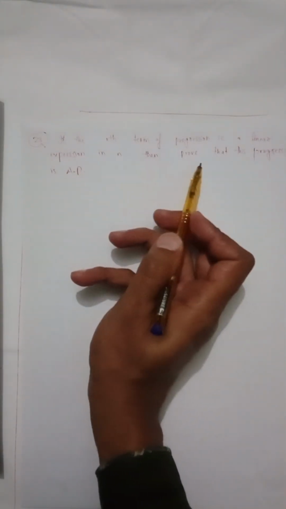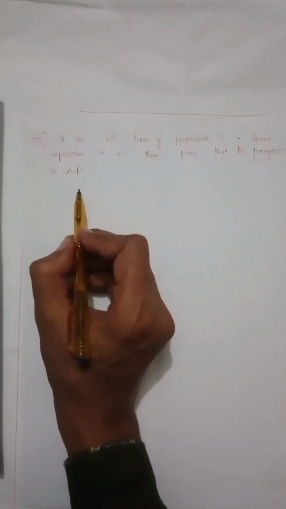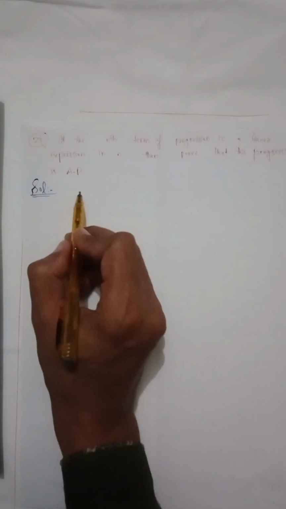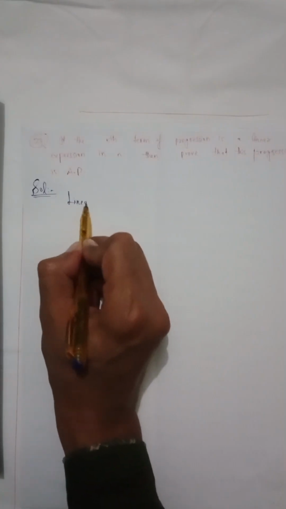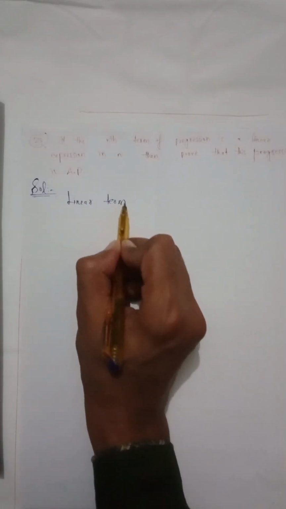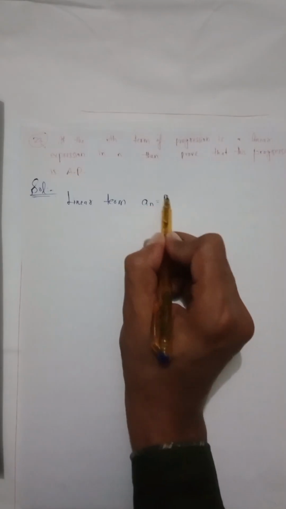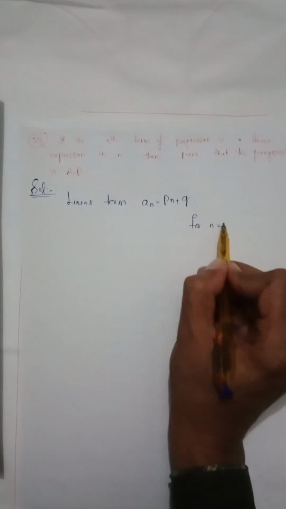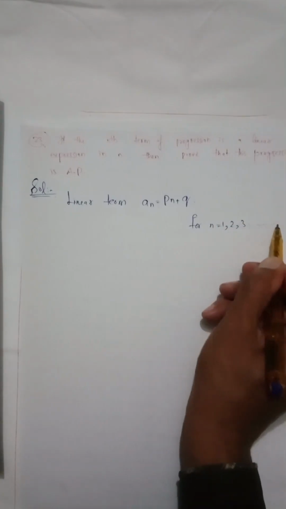Next question is: if the nth term of the progression is a linear expression in n, then prove this progression is arithmetic progression. Its solution: the nth term a_n is equal to pn plus q for n equals 1, 2, 3, and so on.